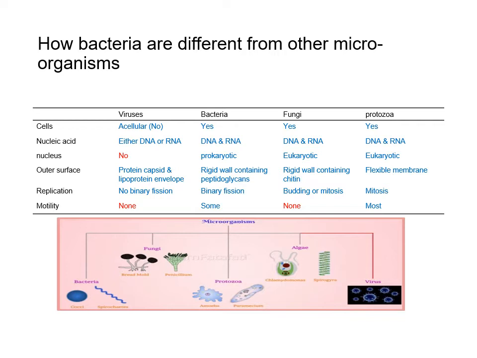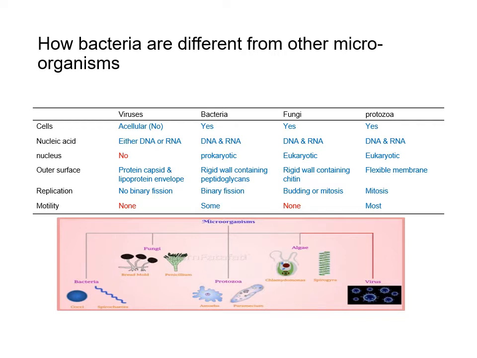So bacteria have very rigid cell wall that we will discuss in the few slides next to this one, and it contains a peptidoglycan layer, while in fungi it's also a rigid cell wall, but it's mainly a chitin layer, and protozoa have a very flexible membrane. Viruses, on the other hand, have protein capsid and lipoprotein envelopes.